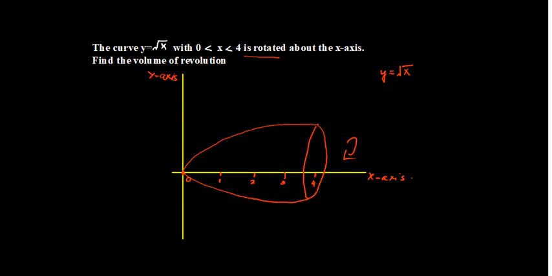Okay. So now what actually do we have to find? We have to find the volume of this shape. When it is rotated, we have to find the volume of that one.